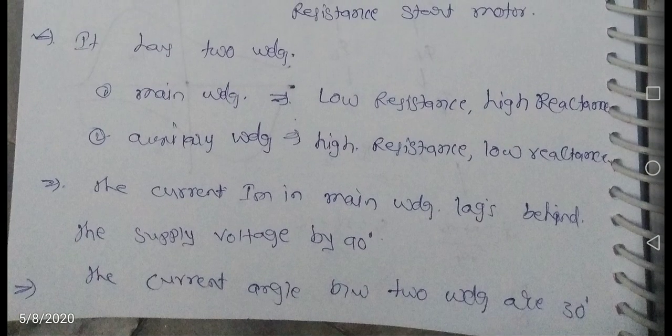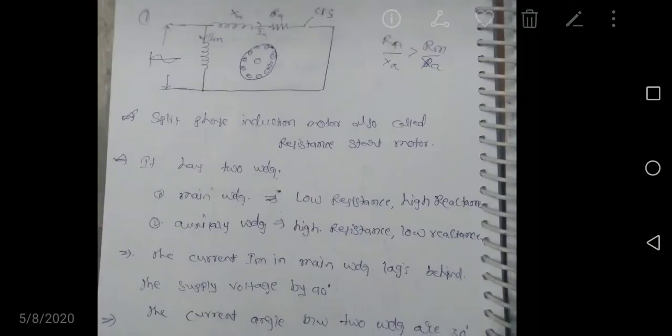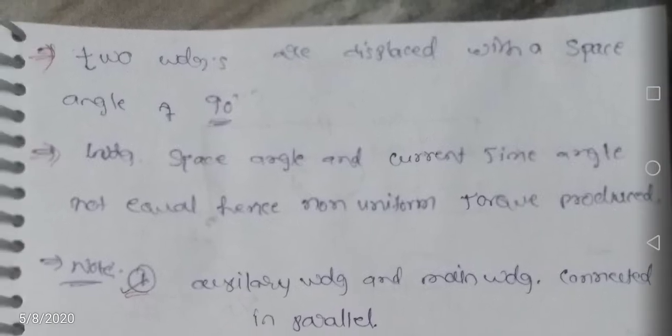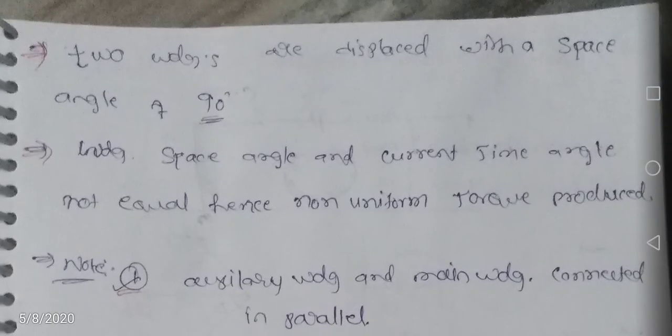The two windings are displaced with a space angle of 90 degrees.